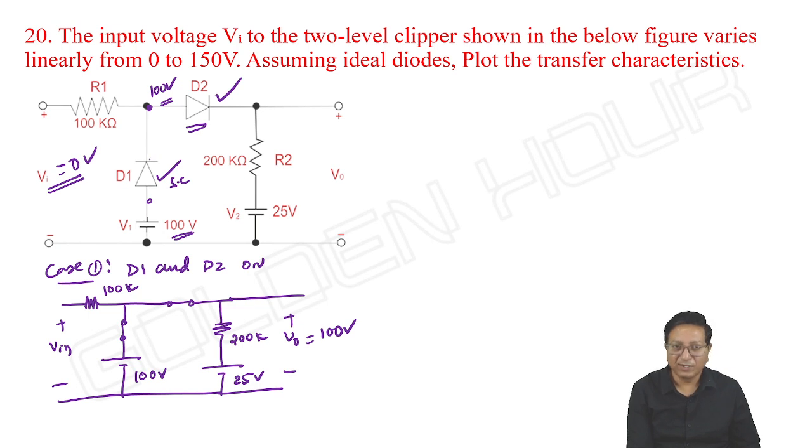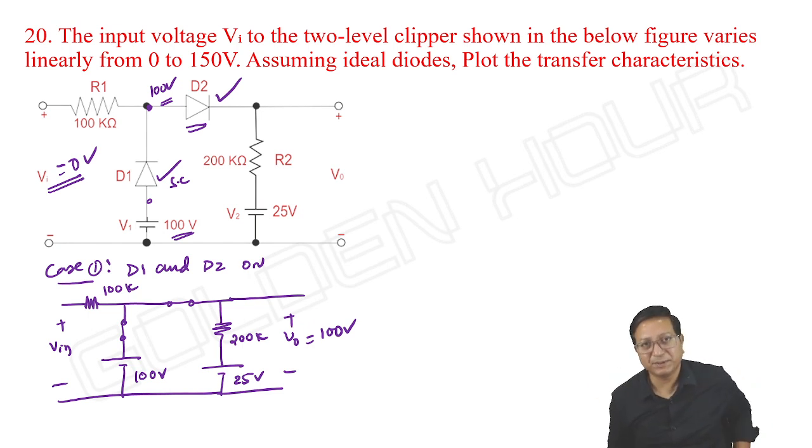D1 is on and D2 is also on, and output is equal to 100 volts. 25 volts is no way coming into the picture. Output minimum is 100. I'm starting with input at its negative minimum value, right? Maybe 0 in this case, because it is varying from 0 to 150.